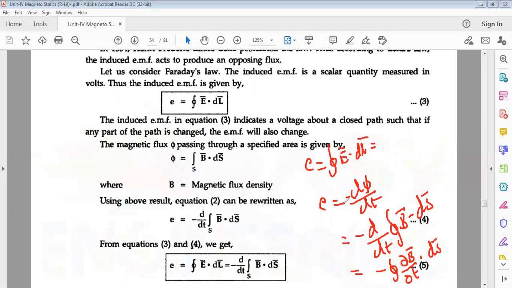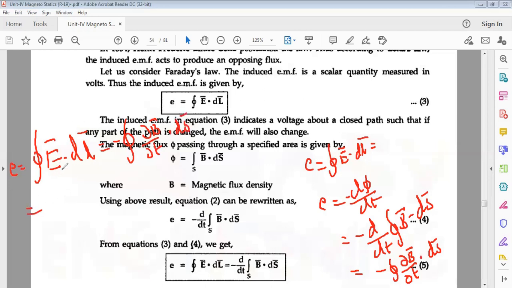The same E is equal to the integral of E bar dot dl bar, so after substituting phi from the Gauss law, the same E is minus the integral of dou B bar by dou t dot ds bar. Got it, my students?